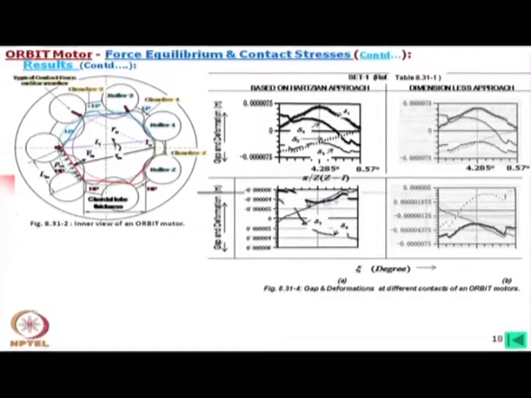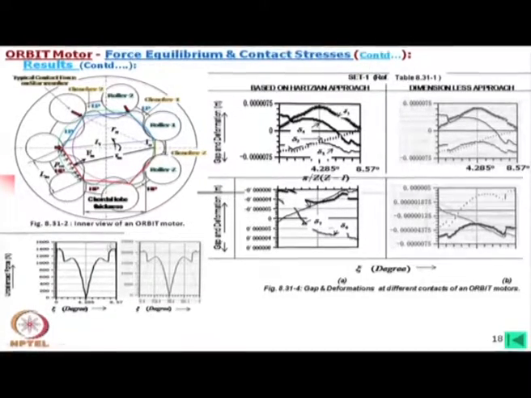Now, this is for the other contacts. There are differences, but it is more or less similar. Now, as you see, this is the unbalanced force. Sometimes it is quite high.